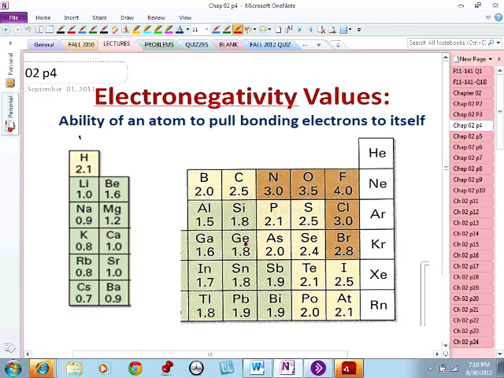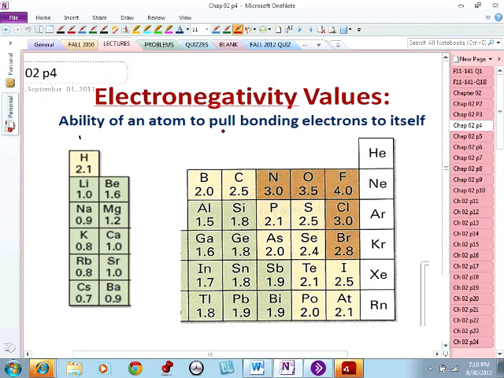But electronegativity simply means that each one of these atoms has an affinity for electrons. And the relative measurement of the affinity of each atom to attract bonding electrons to itself, that is what we refer to as electronegativity.